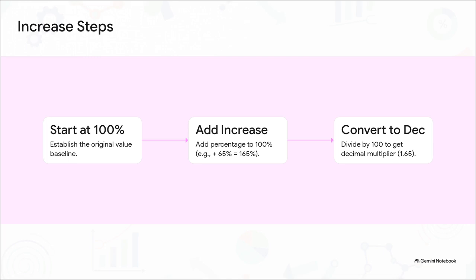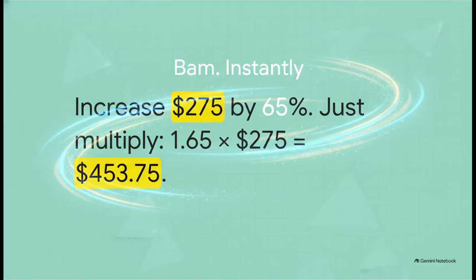Step 3, you simply convert that new percentage into a decimal by dividing by 100. So 165% becomes 1.65. And there it is. That number, 1.65, is your multiplier. Just look at the power of this single step. Instead of finding 65% first and then adding it on, we do it all in a single, elegant calculation.